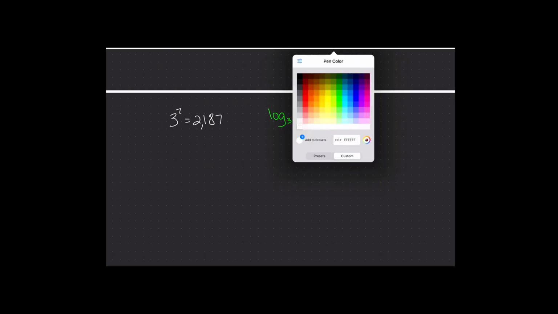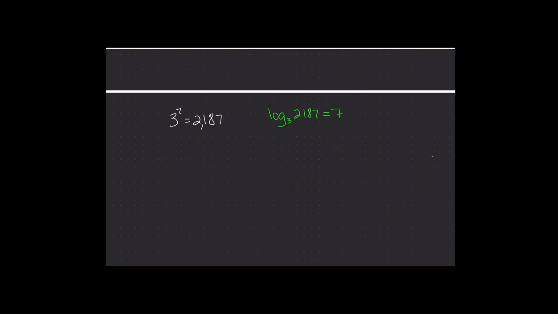So, and then if you guys want to, you can write it all out in words, right? You have your base that you raise to an exponent that equals the number.